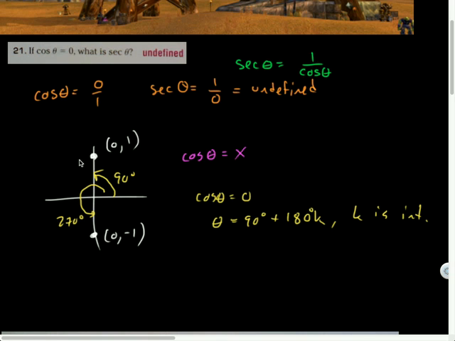So that's where cosine is 0 for all of these coterminal angles, and I was able to use 180 because they happen to be 180 degrees apart.